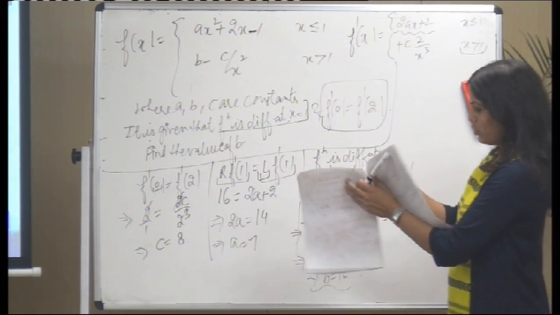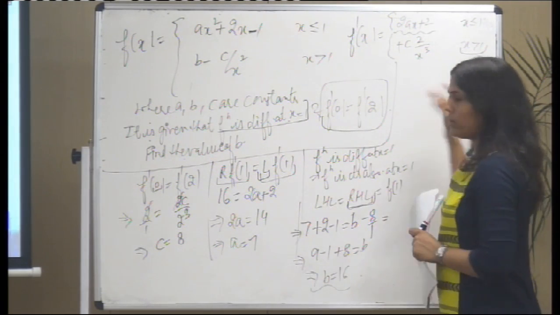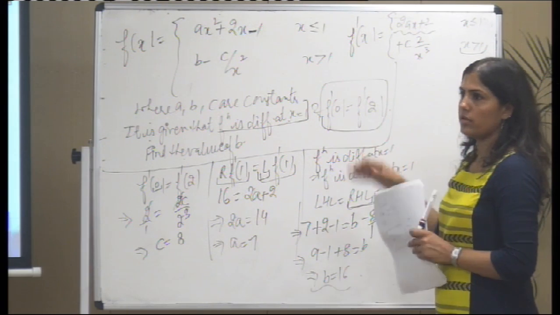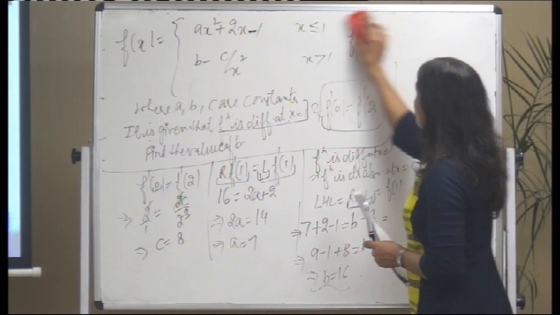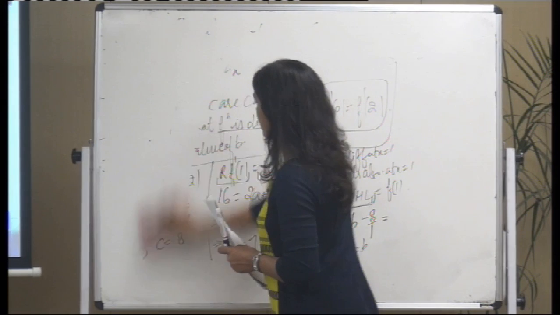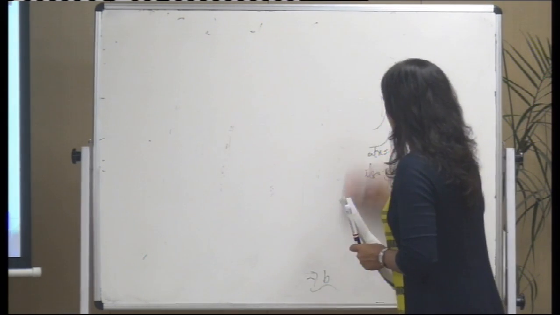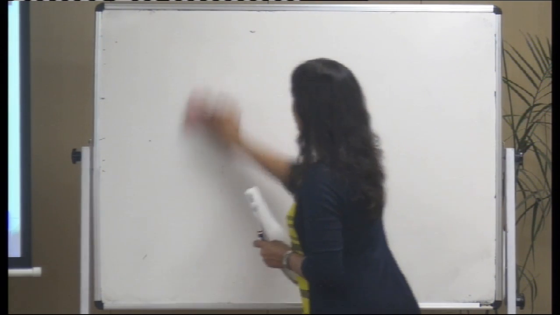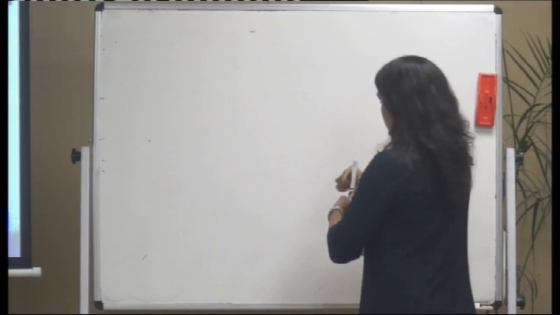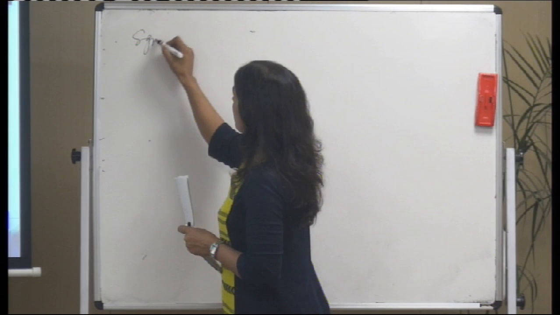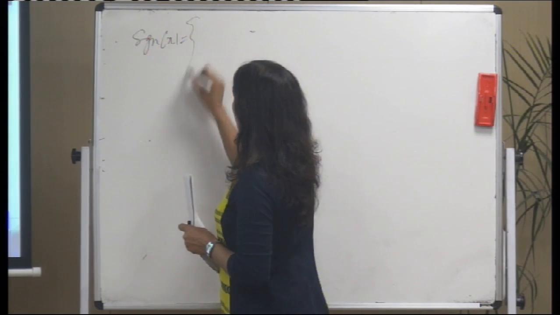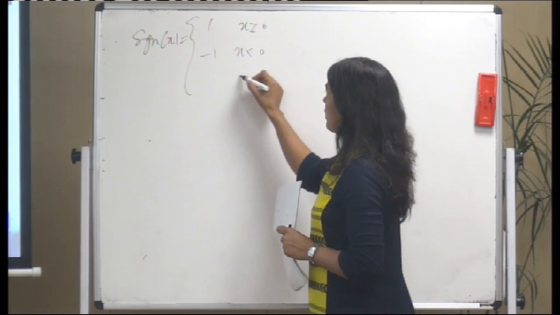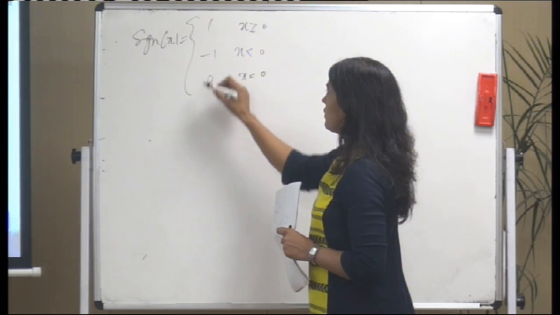Okay, now 2-3 things I think you will be able to answer, but I want you to answer. I just rub the board. You have studied the signum function now. This is a very simple one, not difficult. The signum function is 1 for greater values, −1 for lesser values, and at 0 it is 0.